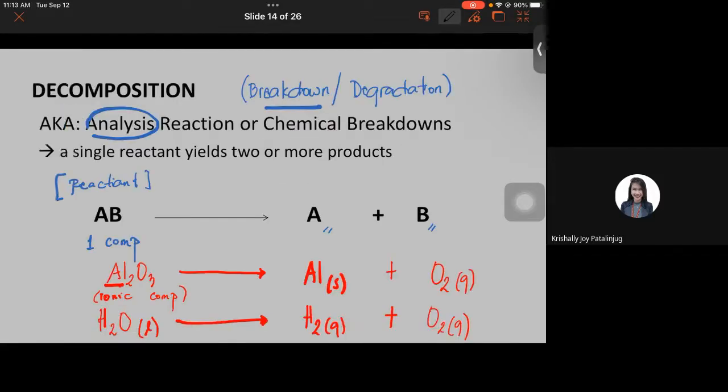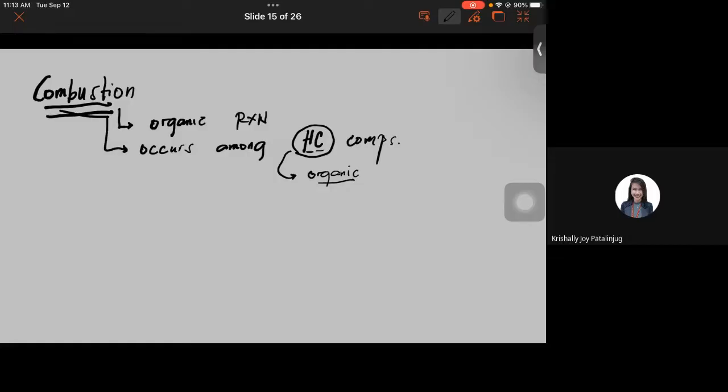And again, combustion falls under this general or bigger umbrella, no? General type of chemical reaction. What happens in combustion is also decomposition of a particular compound, particularly those compounds broken down into simpler substances are hydrocarbon compounds.